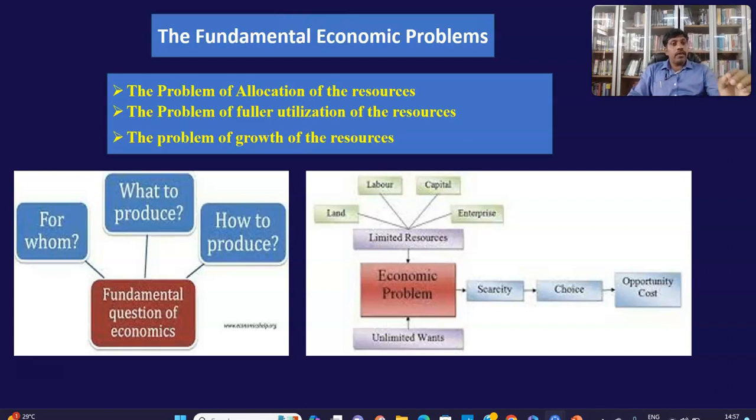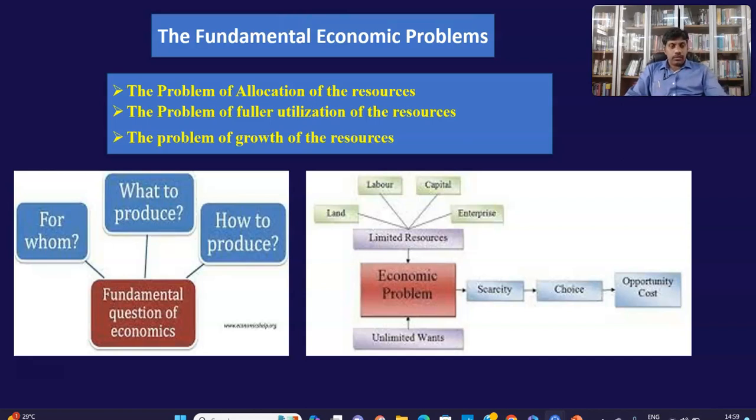Untapped means inefficient use of the resources. So, for example, take the rainwater. How are we using the rainwater? We are not using the rainwater at the optimum level, right? It is being wasted. So that is the problem of fuller utilization of the resources. And the final problem is the problem of growth of the resources.